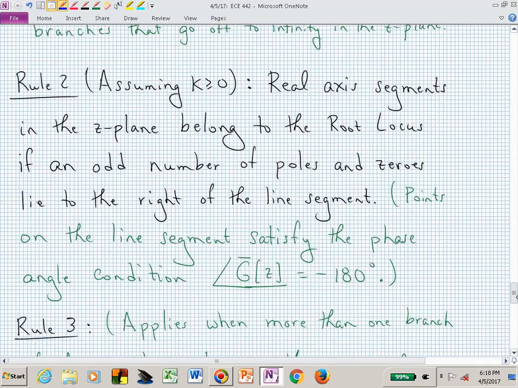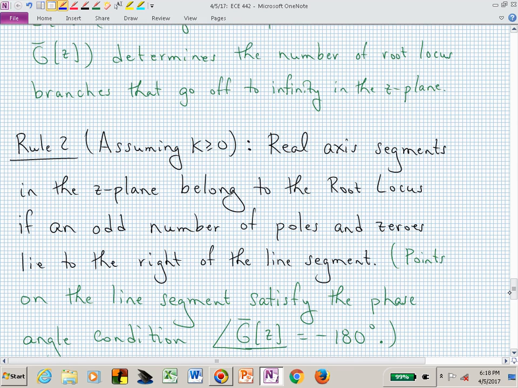Rule number 2. And this is the one where we were measuring angles between poles and different real line segments. This says that real axis segments in the z-plane belong to the root locus if there's an odd number of poles and zeros to the right of that real axis segment.